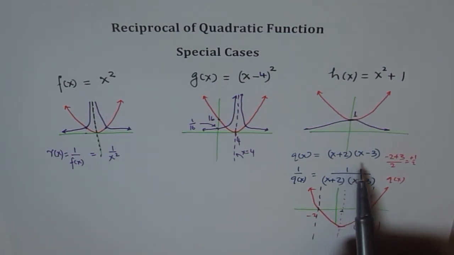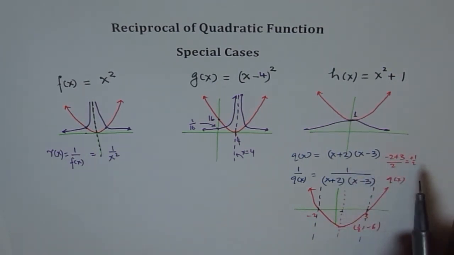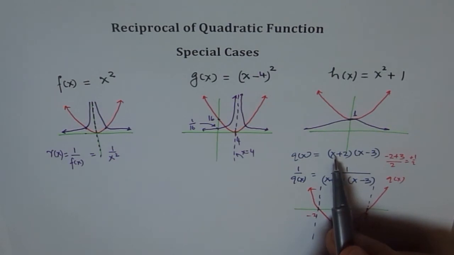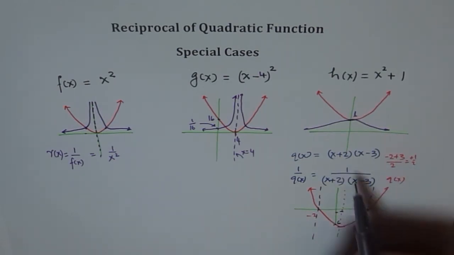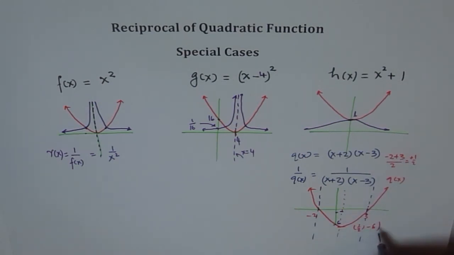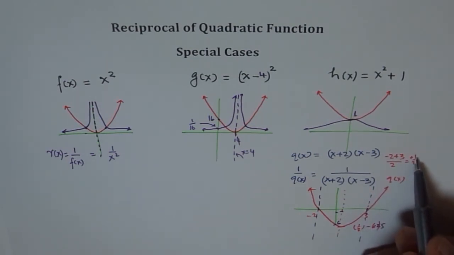And when I put x equals 0, this is minus 6, my y-intercept. So this will be 1/6. And I have to put 0.5 here, right? So this value is 2.5 times minus 2.5, 6.25, because I have to find the value of q(x) at half, right?